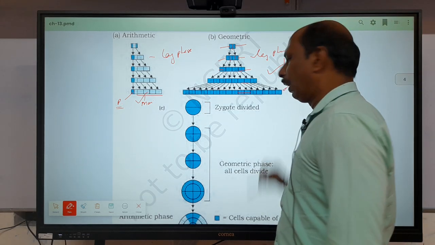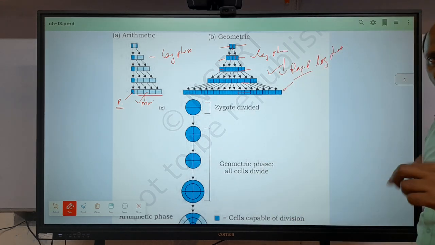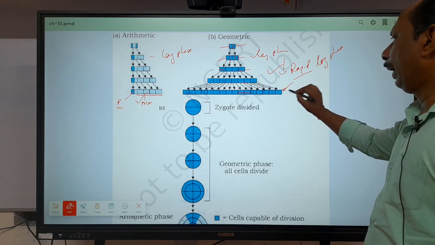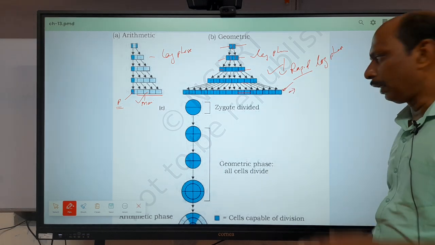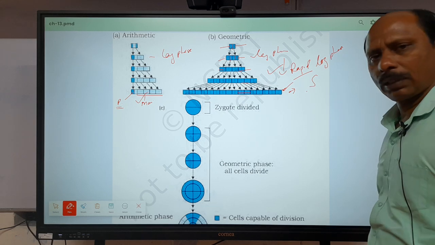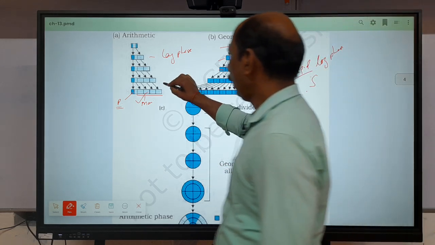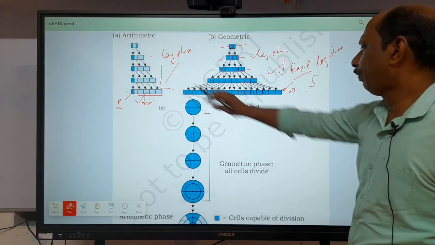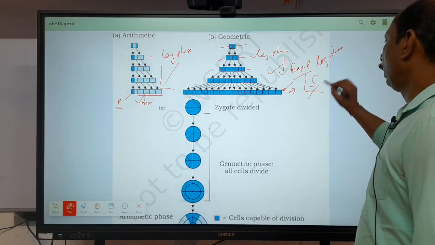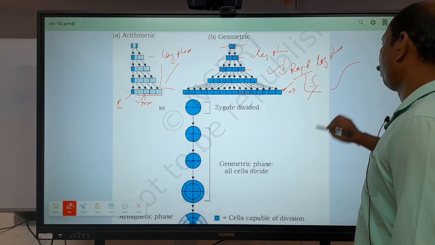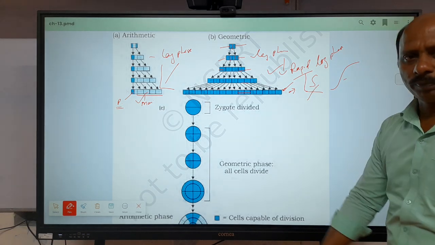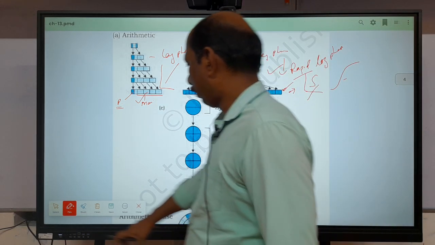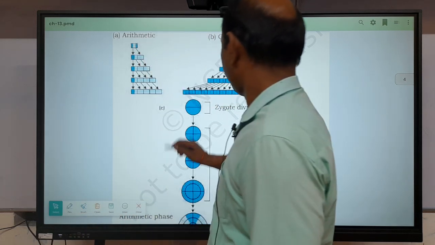If we have limited resources, then it slows down and ultimately forms an S shape. A sigmoid curve is there, and here a linear curve. Here a linear structure is formed, but in this case an S shape is formed, and this one is called the sigmoid curve. Okay, so this is the diagrammatic representation here, right?